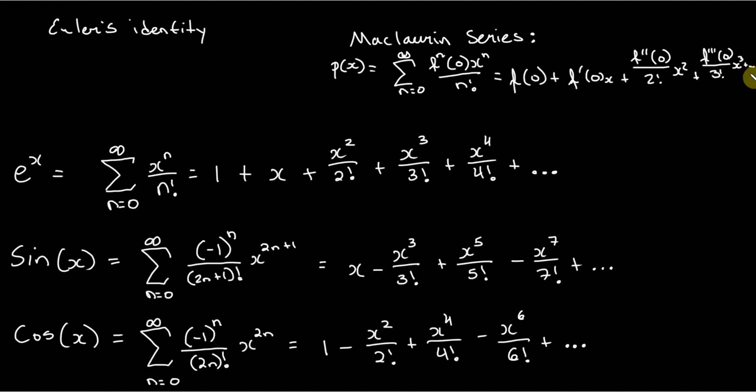That just goes on and on, so plus dot dot dot. This is the Maclaurin series, and one could describe it really as a special case of the Taylor series.